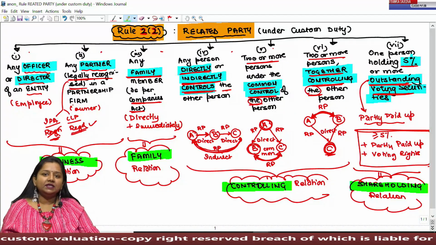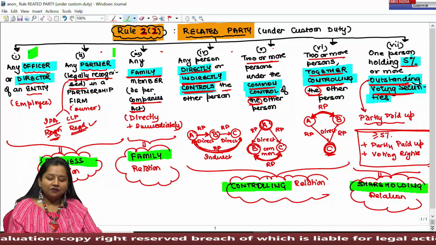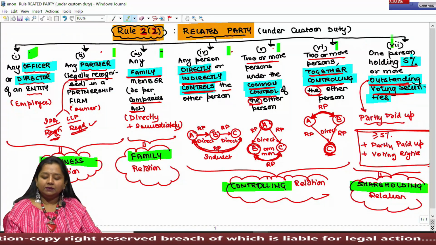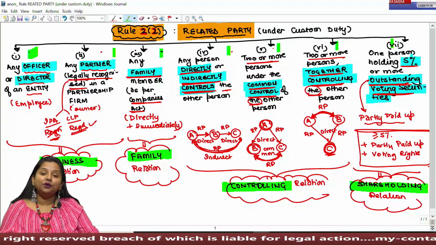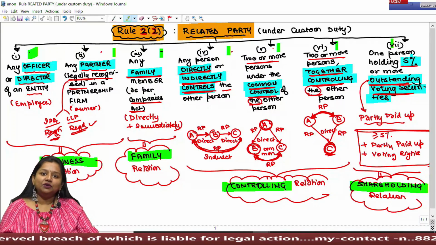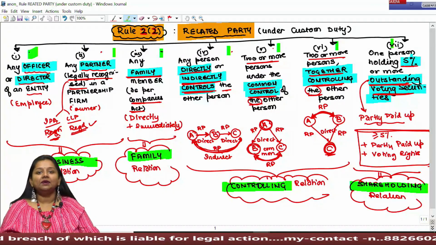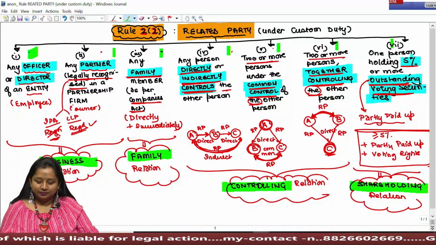If any person gets covered under any of these four items, then such person shall be treated as related party upon whom rule 3 cannot be applied, because the value decided in the invoice by them is treated to be manipulated and has been rejected under rule 3.